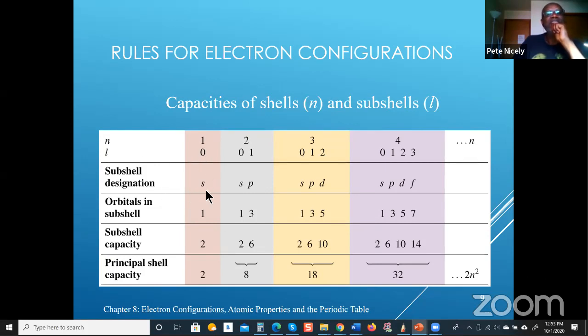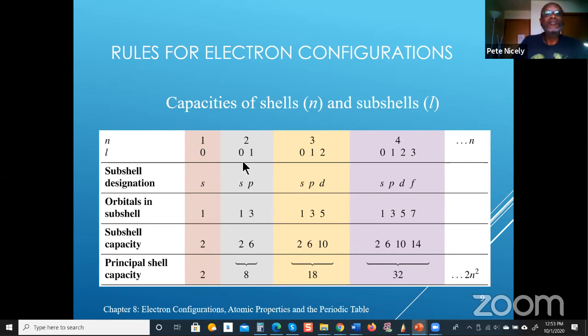So the subshell designation would be s, and there's only one type of s orbital present in any sublevel. The maximum capacity would be 2 electrons, and the principal shell capacity would be 2 as well, since that's the only sublevel within that shell.